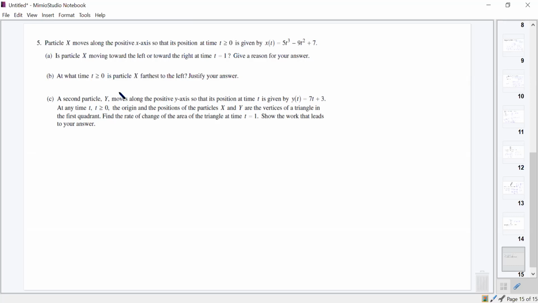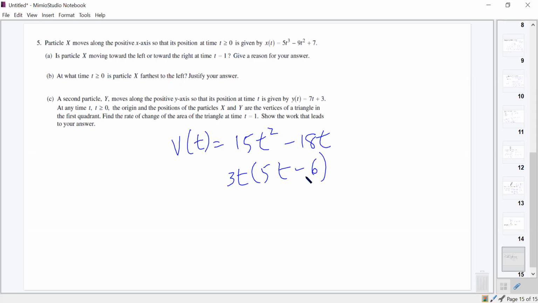So we just need to figure out when it is moving to the left. We'll take the derivative of our position equation, find v of t, which will be 15t squared minus 18t. We can take a 3t out of that, leaving us with 5t minus 6. We end up with t equals 0 and t equals 6/5.